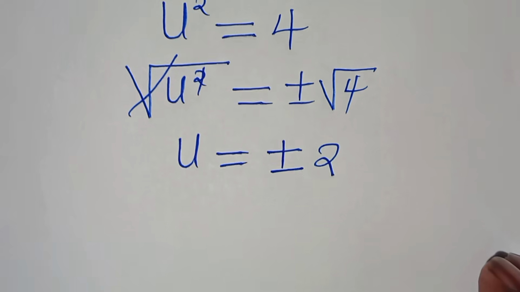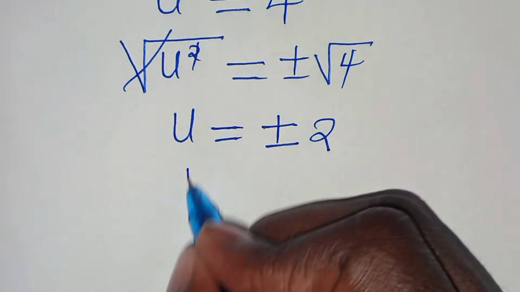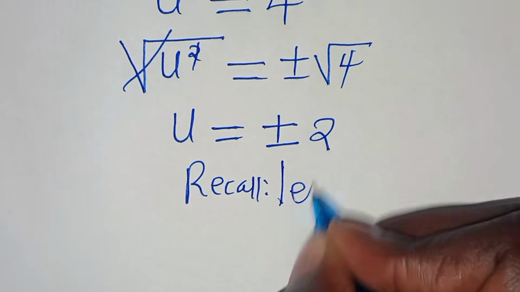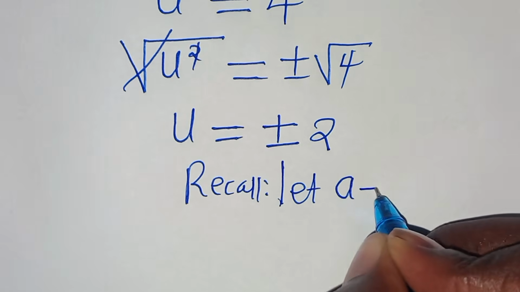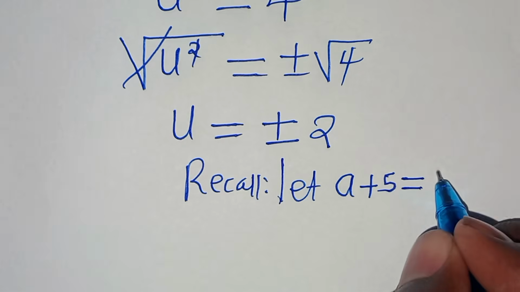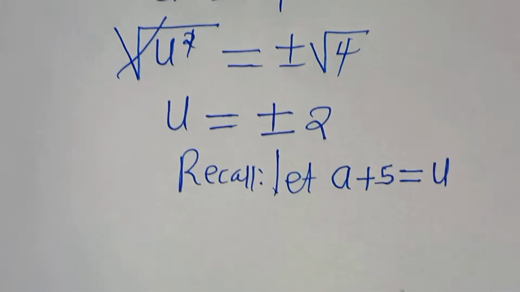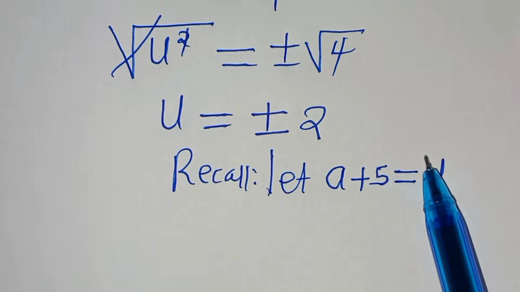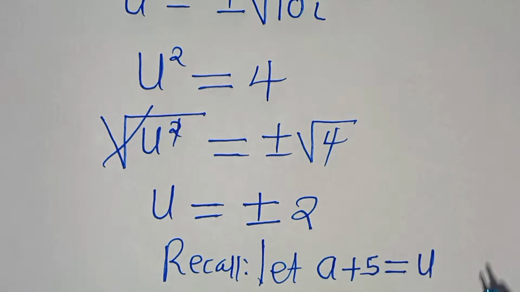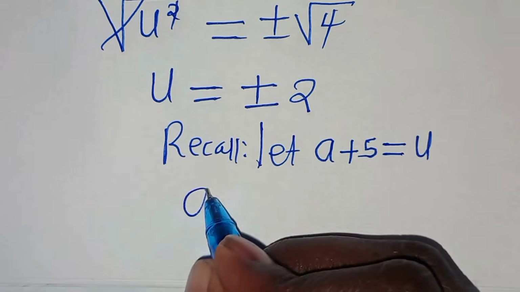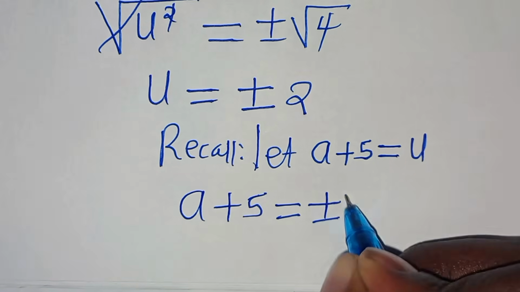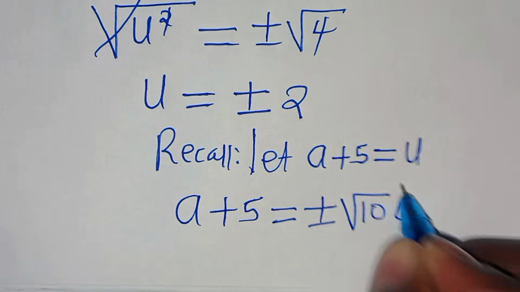Now, again, if you recall, from the start, we assume that we let a plus 5 be equal to u. So let's substitute where we have u with, first of all, plus or minus square root of 10i from here. So this is a plus 5. This is equal to plus or minus square root of 10i.